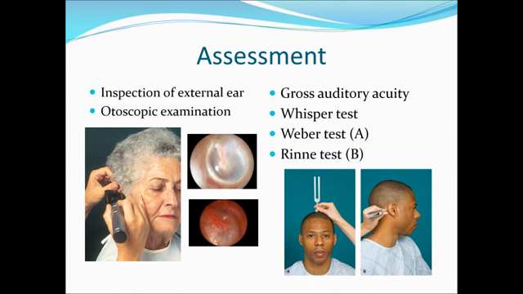You can do the same thing with the watch tick test where you put your watch up to them. Can they hear the ticking of the watch for one of the old-fashioned, analog watches? And we can also use the tuning fork to evaluate the Weber test and the Rinne test. Okay, and those are all about sensorineural and conductive hearing loss.